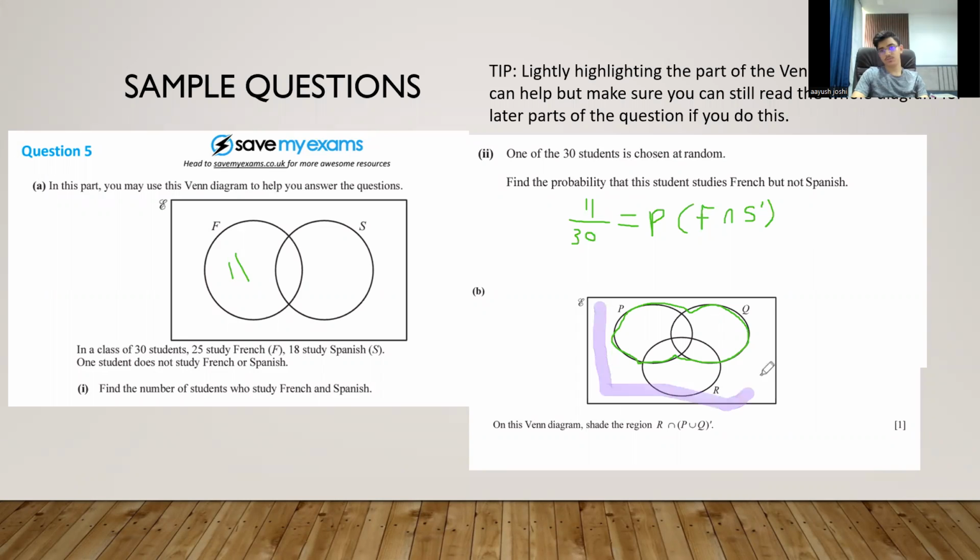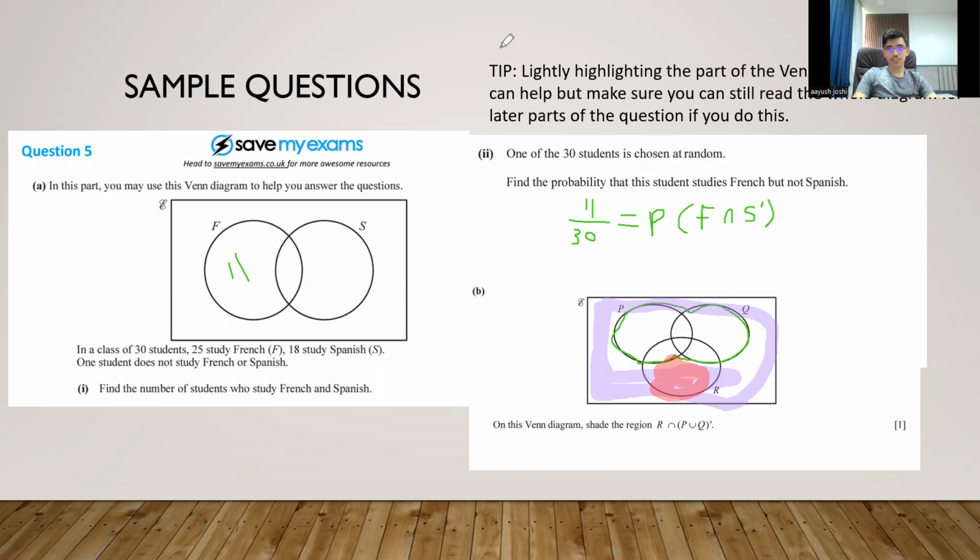Okay, this part is not in common with P union Q. And they are asking with R intersect, so parts which are overlapping with R. Over here you can see that this part is overlapping with R. That means that only this part needs to be shaded.